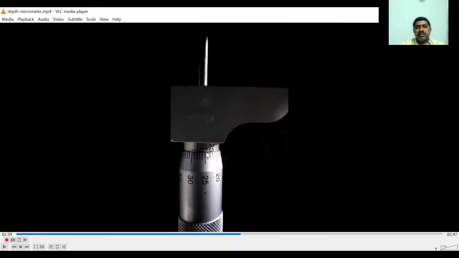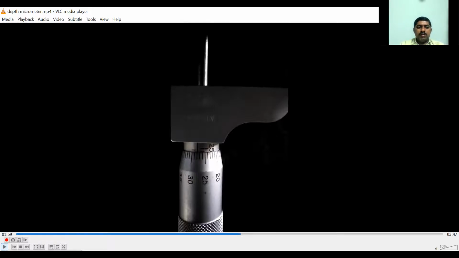That means the main scale division is 1 plus the thimble 28 into 0.01, and we get the total reading, 1.28 mm moved backward. We have to subtract this from 75 mm to get the total depth of the ring gauge. So 75 minus 1.28 gives 73.72 mm.